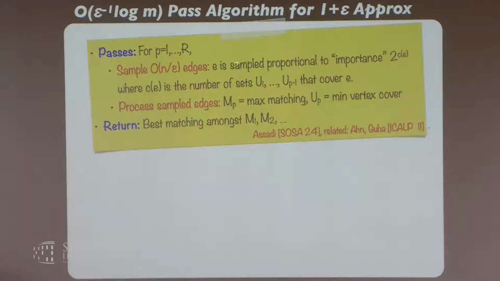So when we go through an edge in a given pass, e is going to be sampled proportional to some importance factor, which is 2 to the power c_e. What is c_e? c_e is the number of sets amongst U1 up to U_{p-1}, so the vertex covers generated in the previous passes, that don't cover e. Yes, sorry, there's an important word, don't, here.